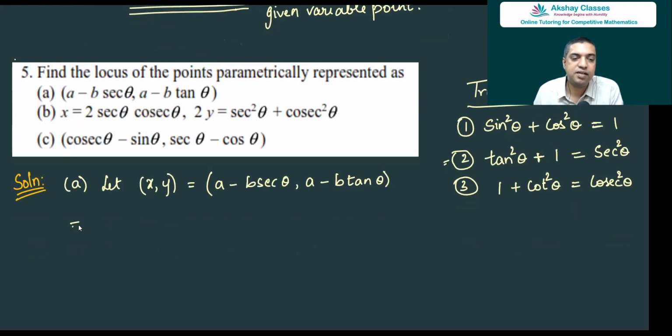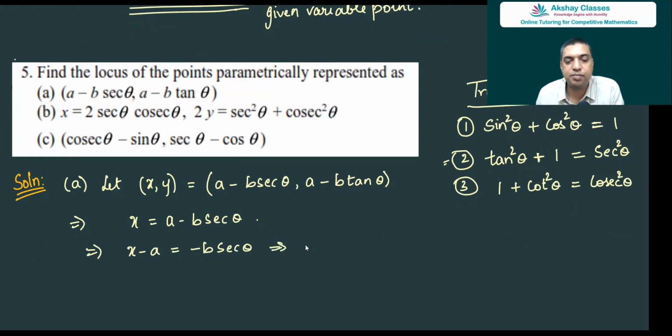So what do we do? x is a minus b secant theta. So x minus a is equal to minus b secant theta, which implies secant theta is (x minus a) upon minus b.